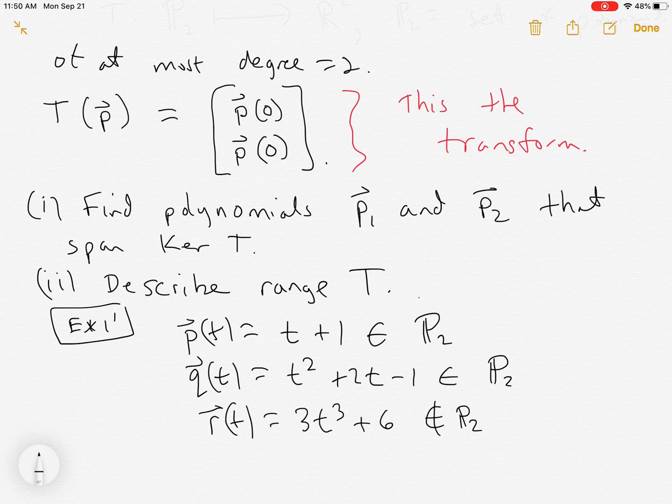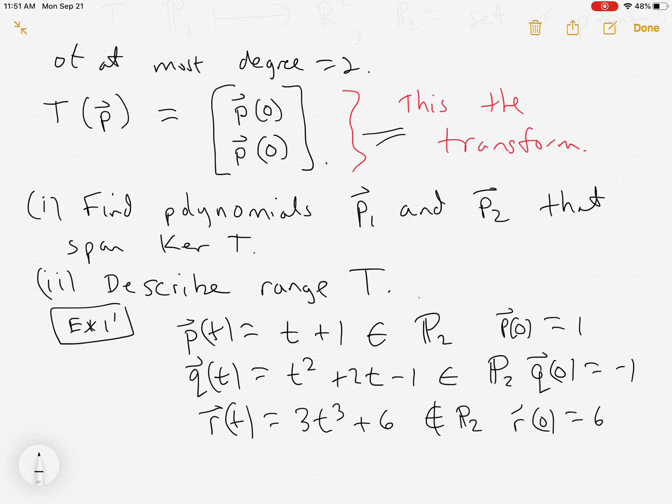Okay. All right, so for all of these, just because we're looking at this transform, P of 0 is 1. Q of 0 is minus 1. And R of 0 is 6.